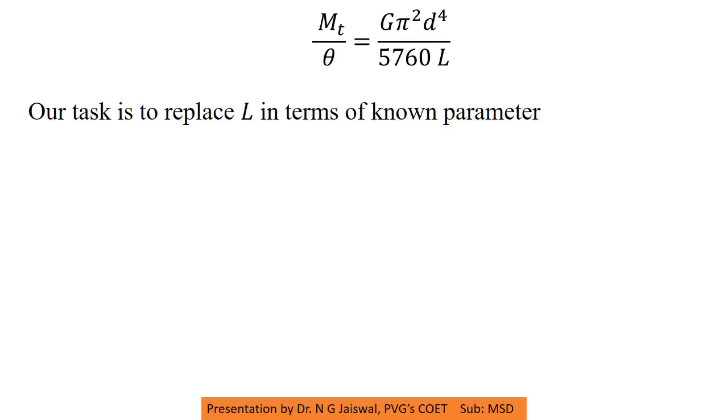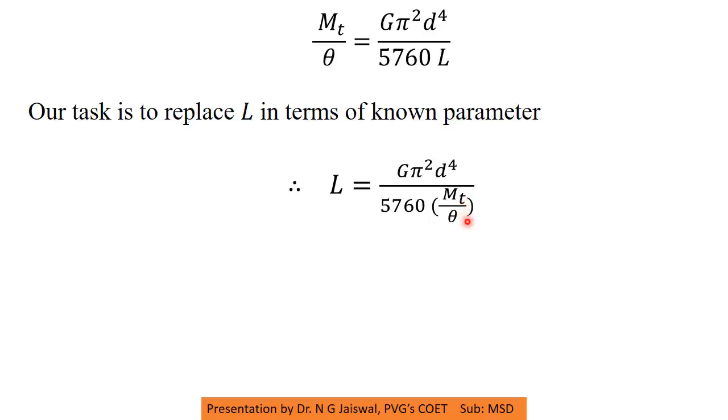Our task is to replace L in terms of known parameters. That's the basic task. So therefore, from the same equation, L is equal to g pi square d raised to power 4 divided by 5760 mt by theta. Mt by theta I will keep as one parameter because it is a given parameter.